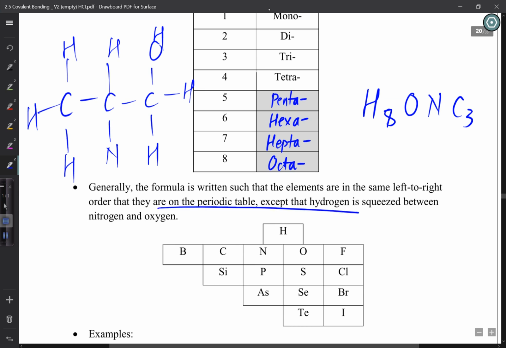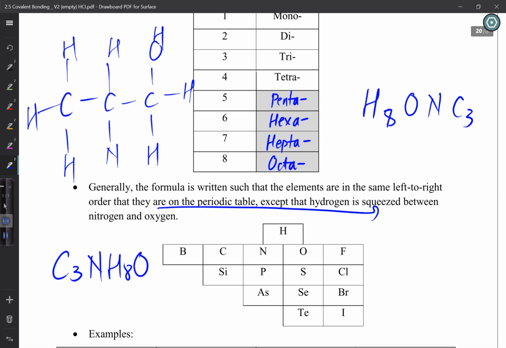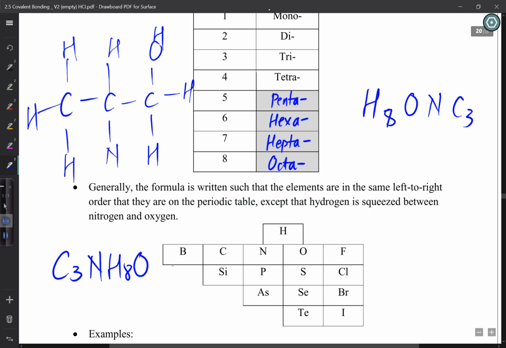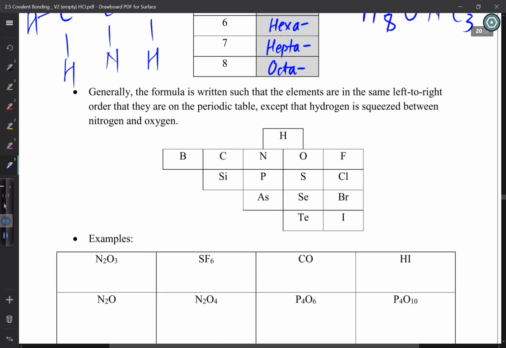So going from left to right, carbon comes first, right? So you write C3, followed by nitrogen, followed by hydrogen, followed by oxygen. Alright, this is the general rule of thumb on how to write. Is it up to down? Yeah, top to down. But usually you won't deal so much with elements top to bottom. Most of the time it is those in the first and second period.